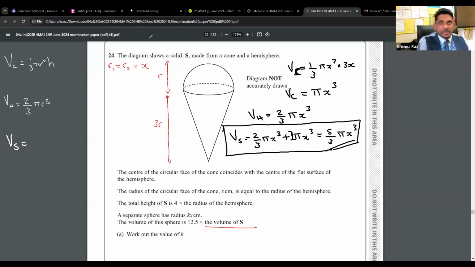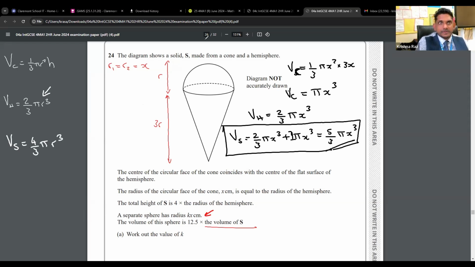First bit. So we are told that the volume of this new sphere is 12.5 times that. So the volume of a sphere was double this, so 4/3 pi r cubed.